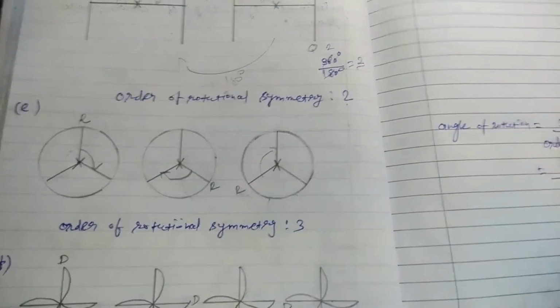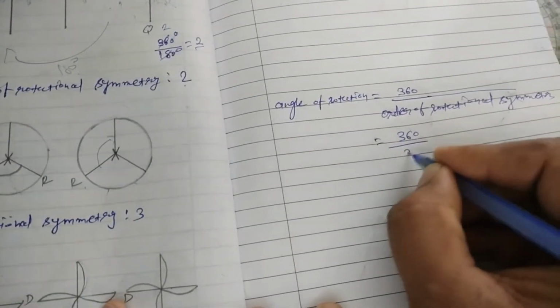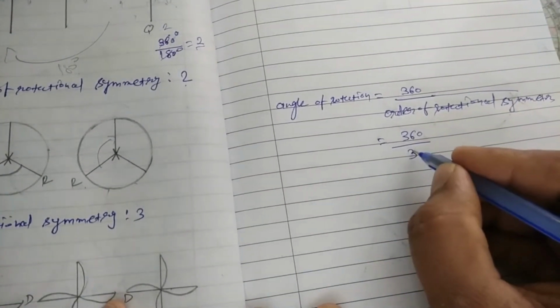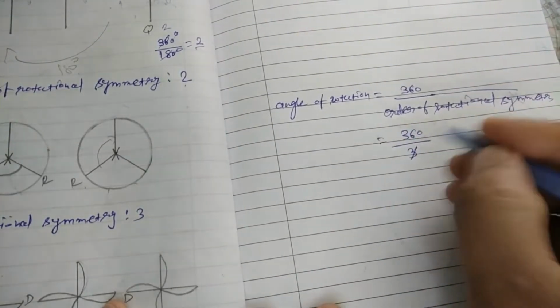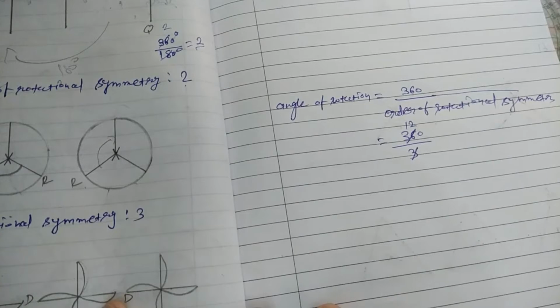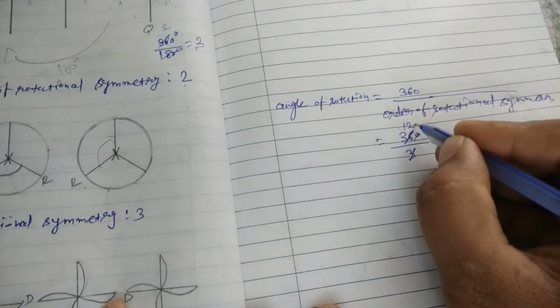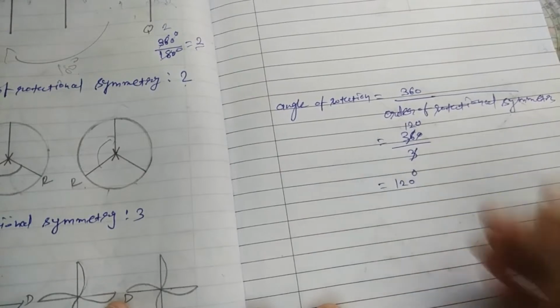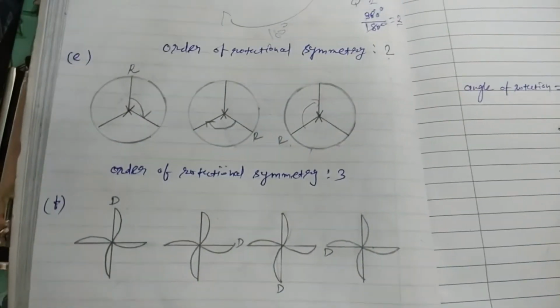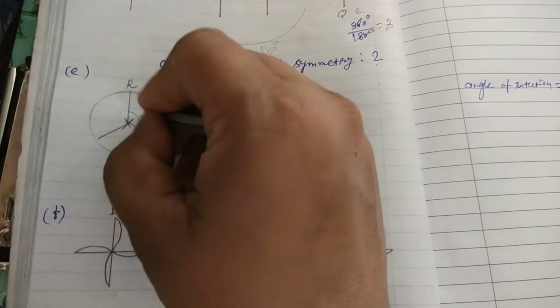For this shape it is 3. So 360 divided by 3, as we know that 3 12s are 36. This 0 will come here. So what is the answer? That is 120, and it is degrees, it is an angle. So the angle of rotation for this shape is 120.